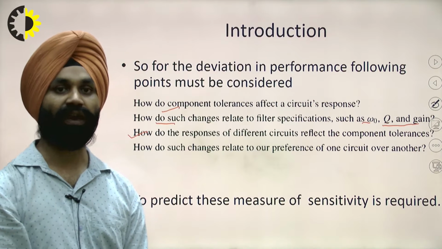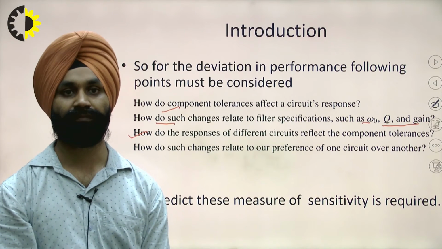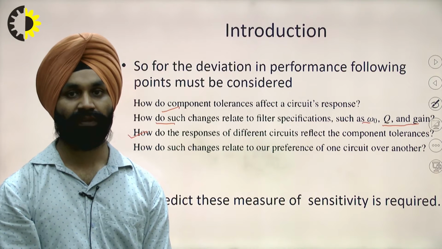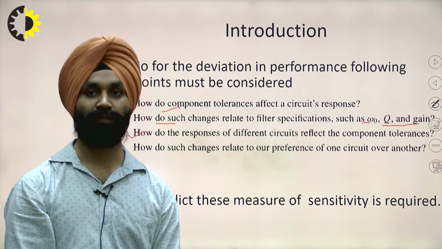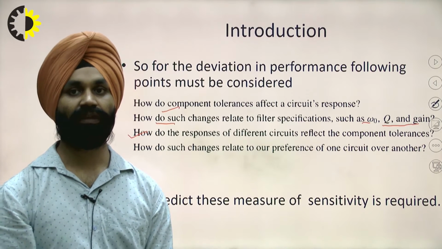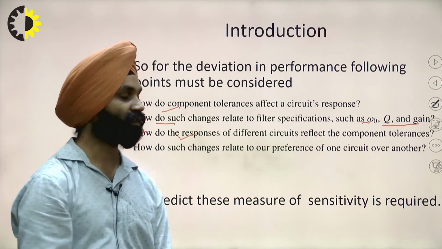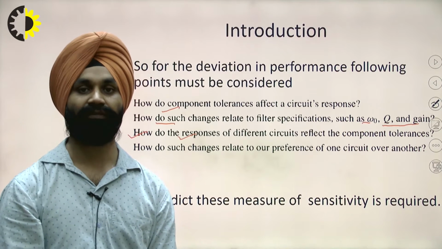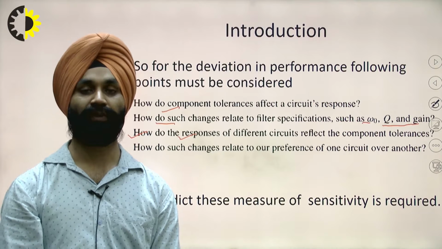For example, if R is varying, then how are the other components behaving? If one component is changing with the other components, and the overall transfer function, the overall response of the different circuits is varying, then we have to consider this component tolerance.